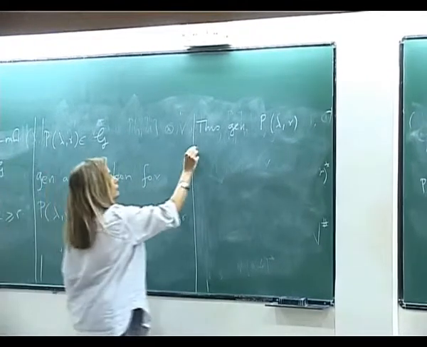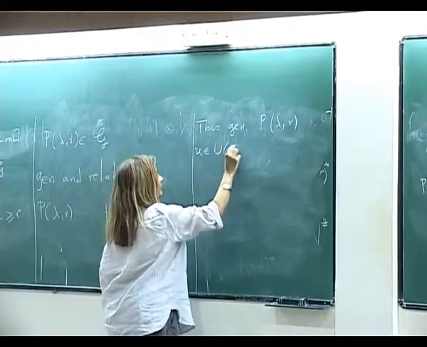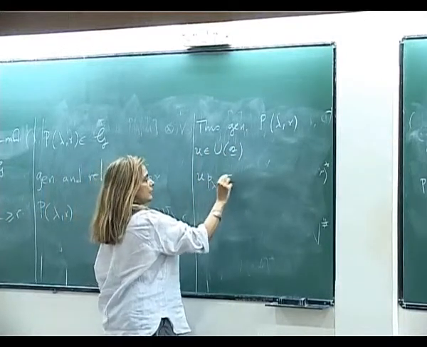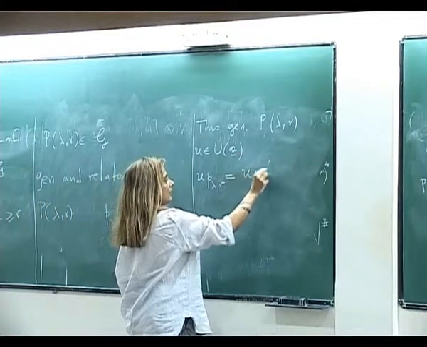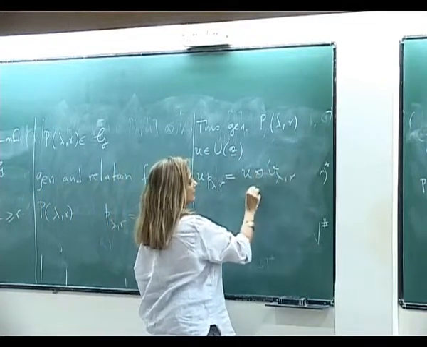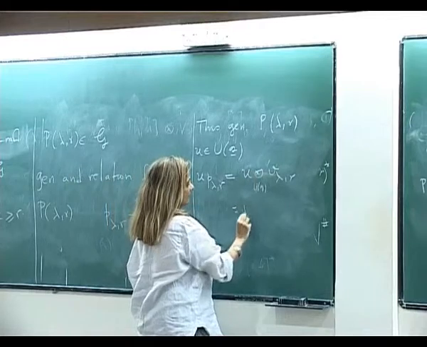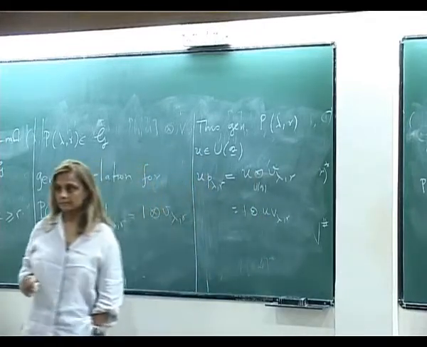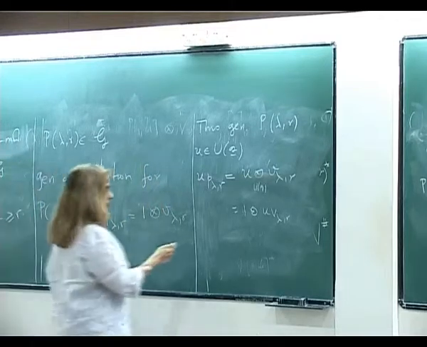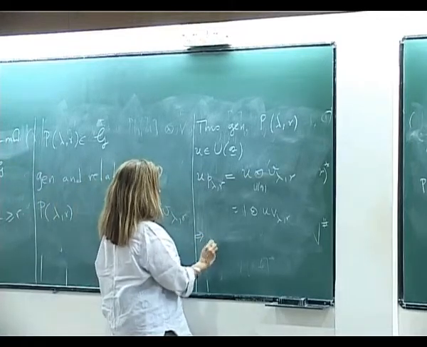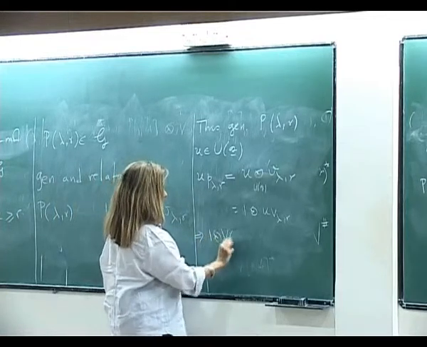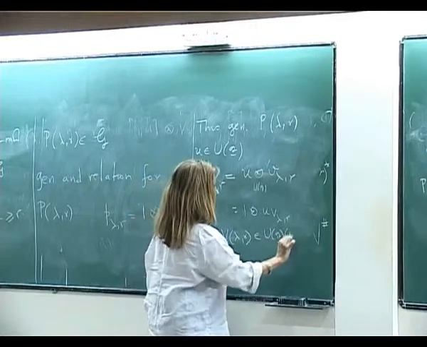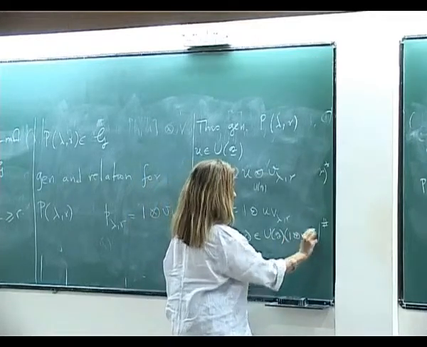Take an element u in U(g) first to begin with. If you look at u acting on 1 tensor V lambda r, it's equal to, by definition, u tensor V lambda r. But since I'm tensoring over U(g), this is actually the same as just this. Right? So what this means is that 1 tensor V lambda r belongs to U(g) of the element 1 tensor V lambda r.